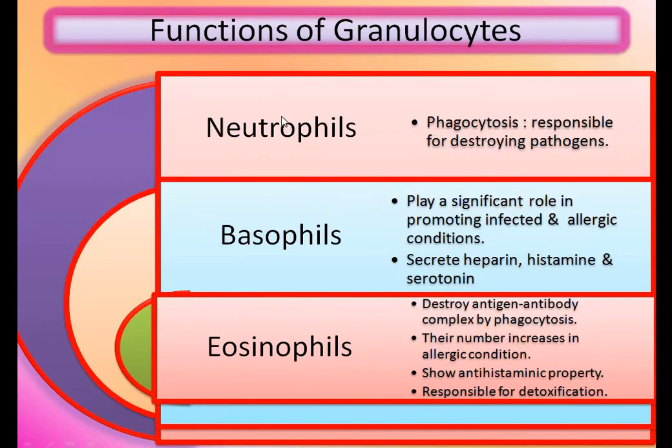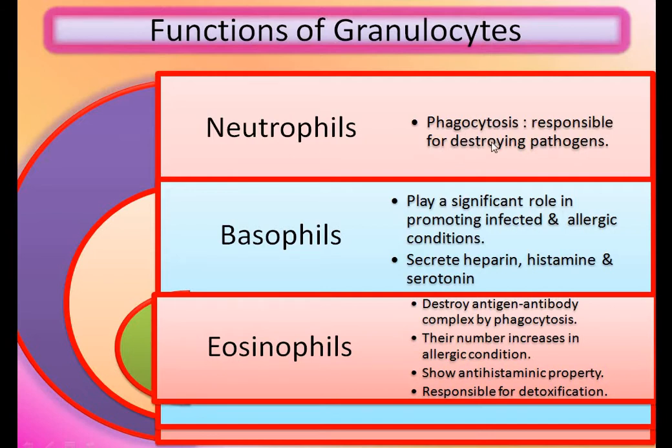Then functions of granulocytes. The functions of neutrophils. The function is phagocytosis. That means responsible for destroying pathogens. The foreign particles which enter our body can be destroyed by the neutrophils. Hence these are called phagocytic cells.